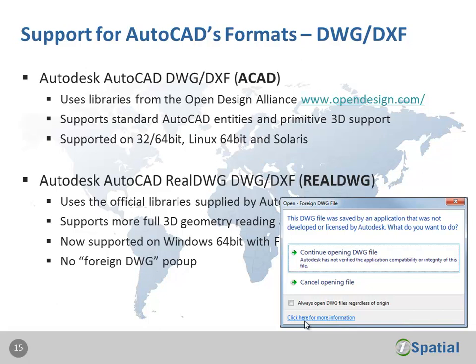AutoCAD likes to check that the drawing file, the DXF that it's opening, is from an official source. If you create drawing files using the DWG DXF standard reader and writer, then this pop-up will appear, and sometimes recipients of the data may not proceed if they aren't sure what has created that data.